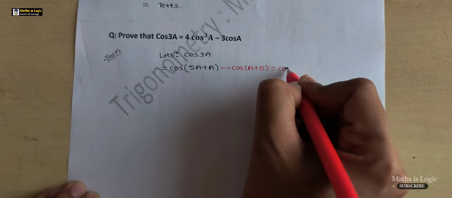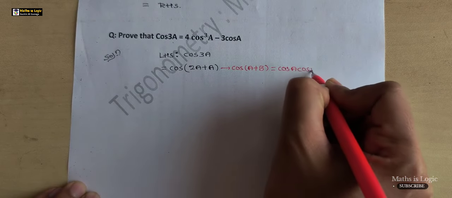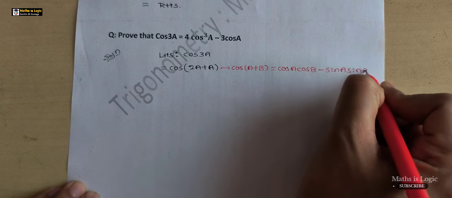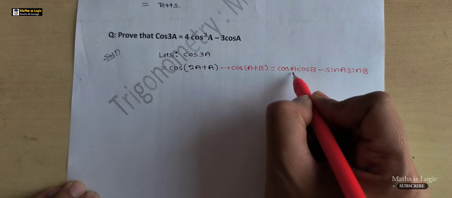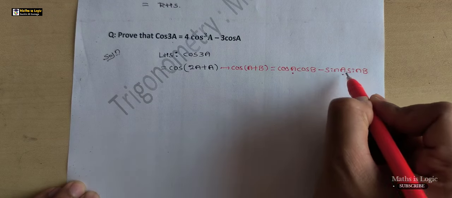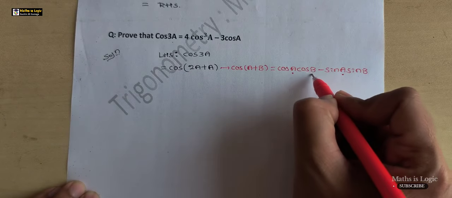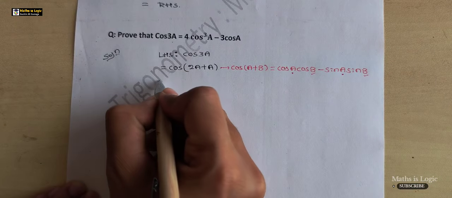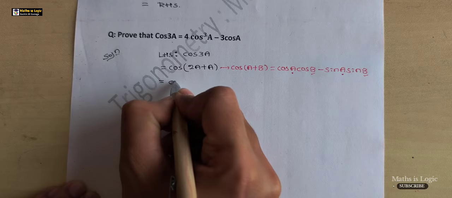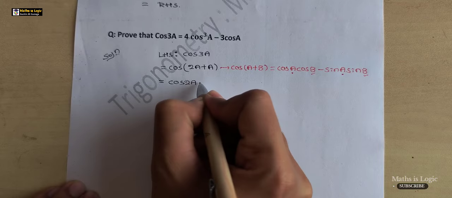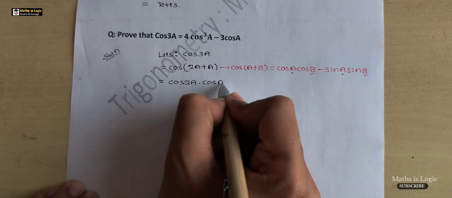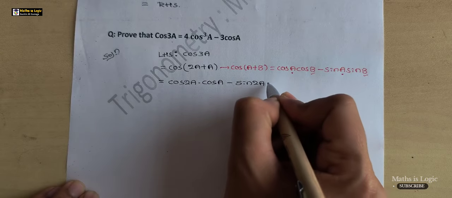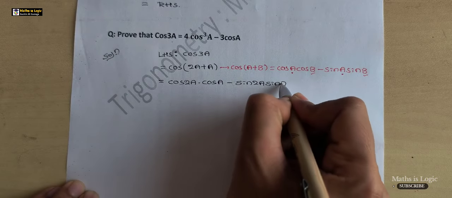Apply the cos(A plus B) formula: cos A cos B minus sin A sin B. Remember, in the right hand side, wherever A comes, replace it by 2A, and wherever B comes, replace it by A. Therefore, this becomes cos 2A into cos A minus sin 2A into sin A.